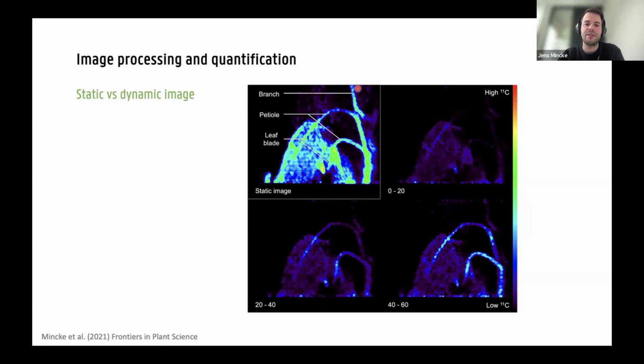Here you could differentiate the branch from the petioles and the leaf blades. Then if the desired things are visible in your scan, you can go over to perform a dynamic reconstruction, which comprises parts of this complete scan and shows the tracer distribution in these time frames. So here in the first 20 minutes, you could only see the leaf blades that were labeled with carbon dioxide, and within the next 20 minutes, the tracer is being transported towards the branch.